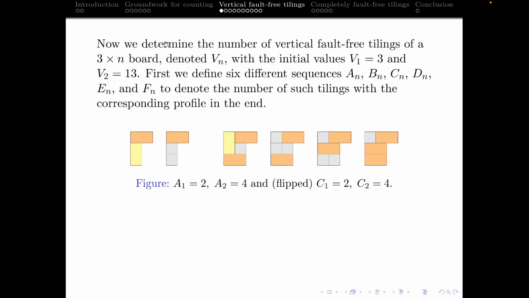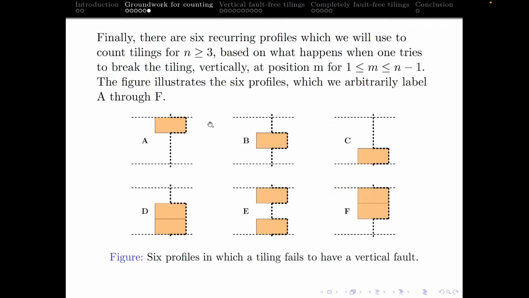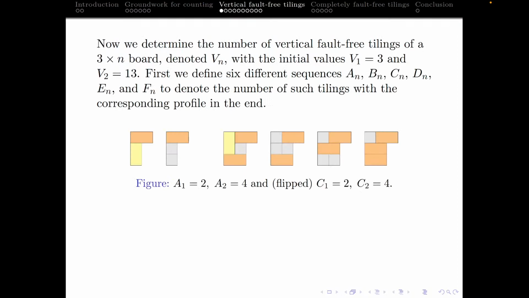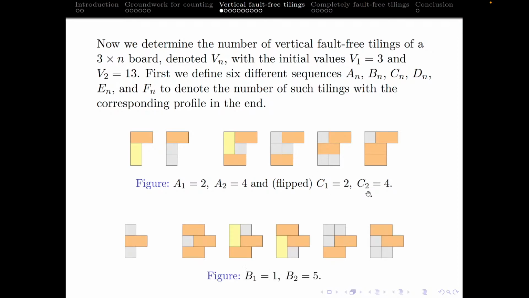And because C is exactly the mirror image of this, for any tiling counted by AN there is a corresponding tiling counted by CN. So CN equals AN, and just by flipping these tilings we see that C1 equals 2 and C2 equals 4. Similarly for B we get B1 equals 4.